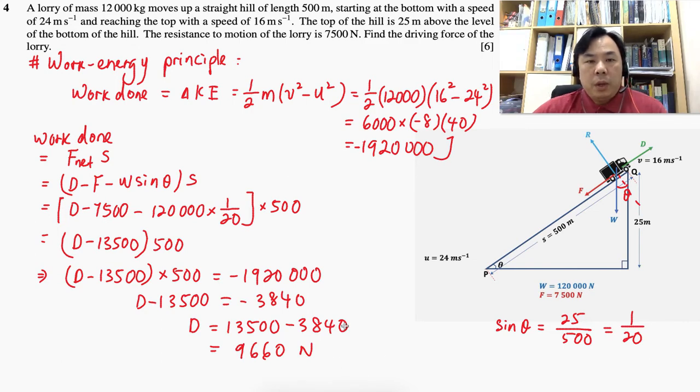Okay, so what we are using here is method number one, which we call the work energy principle. All right, I hope that's clear. That's the first method. Next I'm going to show you the second method, how we can attempt this mechanics problem.